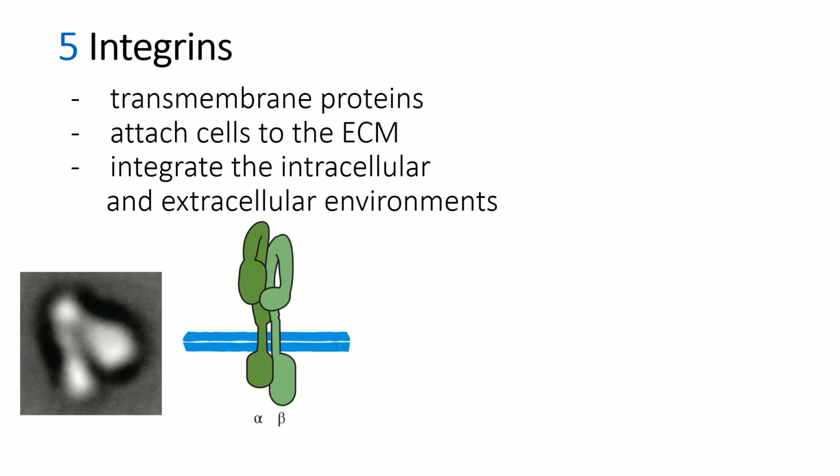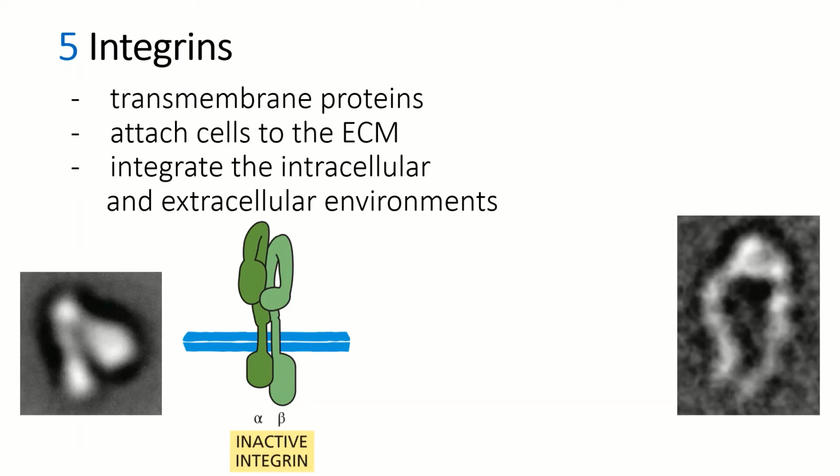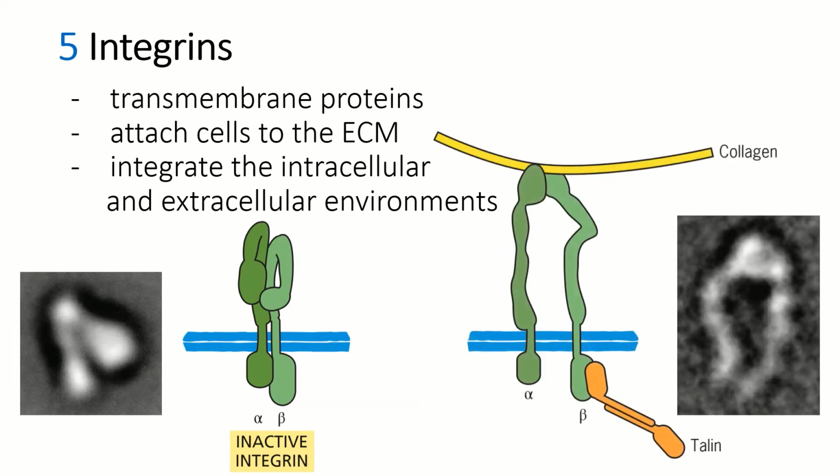Integrins are made of two subunits, the alpha and the beta. When they are inactive, they are in this particular conformation. You can see that their upper portion is sort of bent down. When they are active, this bending position is straightened, and they become taller.